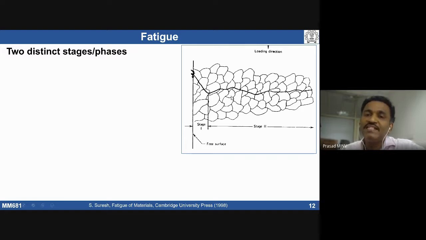So crack initiation and crack propagation are the two important stages. Stage one is typically crack initiation and a small amount of propagation at micron level, a very small micron-size crack. This whole stage is called the crack initiation stage, and stage two is simply the crack propagation stage.